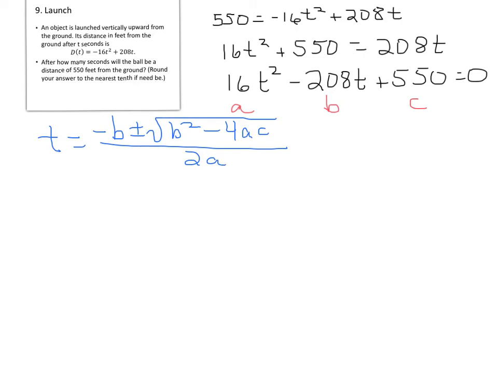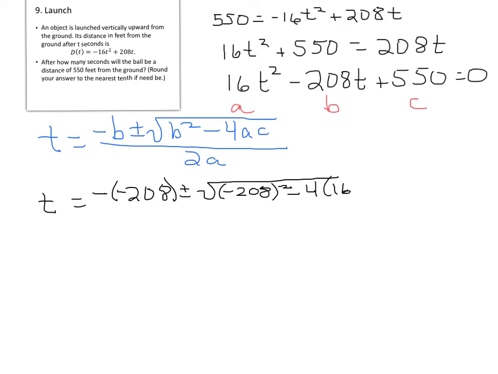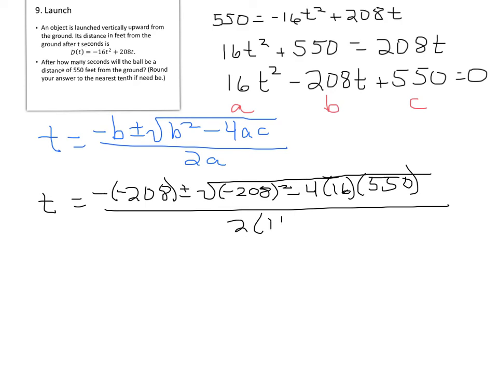So this is an exercise in being careful about your substitutions. b is negative 208, so negative b would be negative of negative 208, plus or minus the square root of negative 208 squared minus 4 times a, which is 16, times c, which is 550. So we're dealing with some large numbers here. All of that over 2a, which is 32.